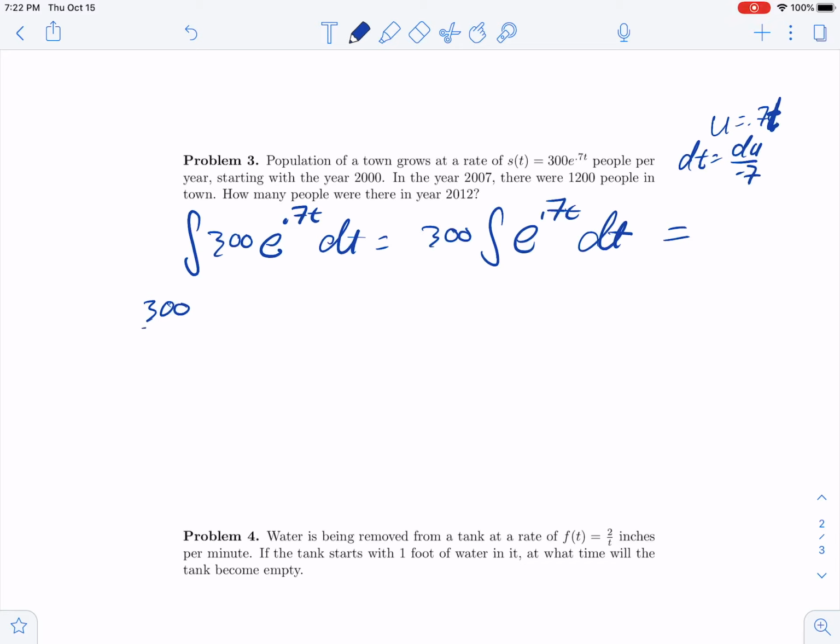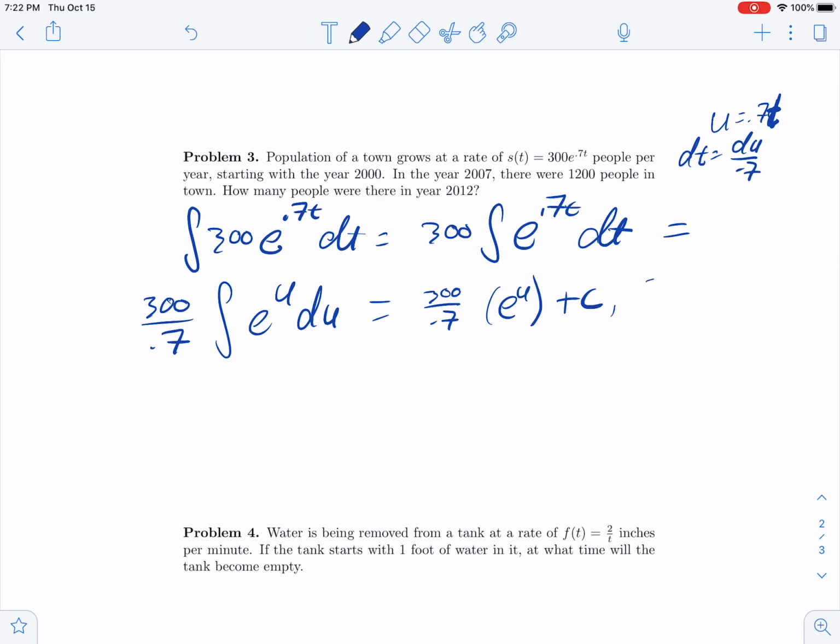So when I make my substitution, I get 300 over 0.7 integral e to the u du. 300 over 0.7. Can I do that in my head? I don't think so. So this is just 300 over 0.7 times e to the u plus c. If I take the integral, e to the u, and plug our u back in, this is 300 over 0.7 e to the 0.7 t plus c.